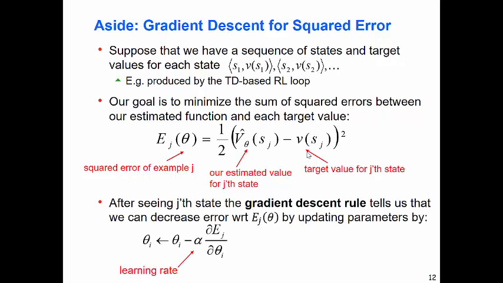And after we see this example, we could do what we're going to call stochastic gradient descent, which is to move the parameters in a direction that makes this smaller. We could do that by just computing the gradient of this and moving in the negative direction. And this is a learning rate.